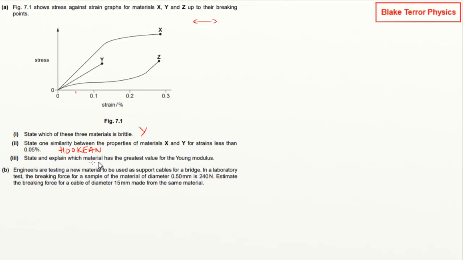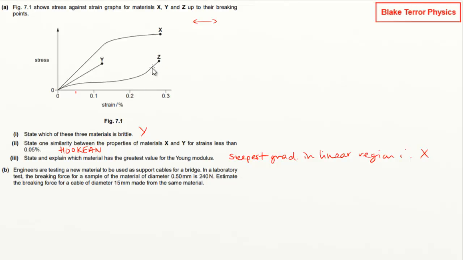State and explain which material has the greatest value of Young's modulus. So we need to have the steepest gradient in the linear region. So it has to be linear. Steepest gradient in the linear region is clearly going to be X. But it has to be the linear bit.